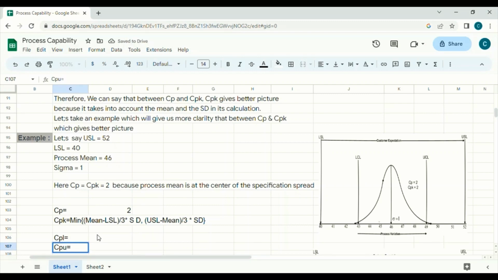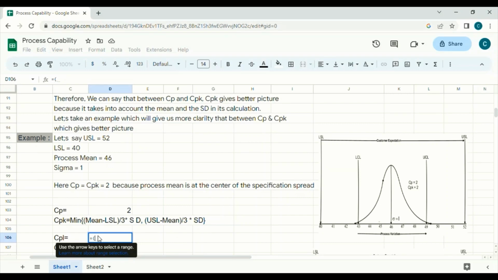Let's first calculate CPL value, which is mean here 46 minus LSL, which is 40, divided by 3 into sigma. 3 into sigma value is 1.